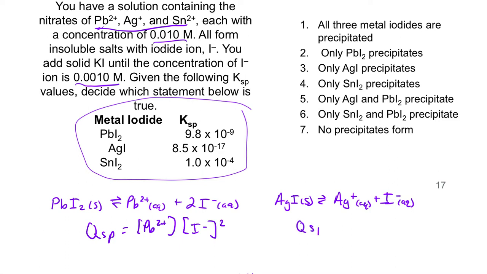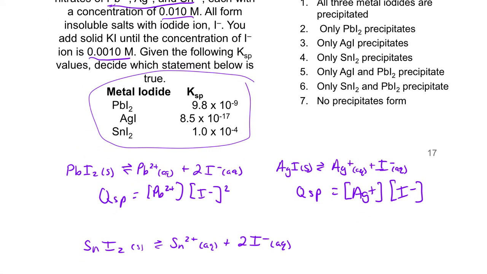For silver iodide, it's equal to the silver ion times the iodide ion. Nothing squared there, everything's 1 to 1. And then for tin, QSP equals tin 2+ times iodide squared.